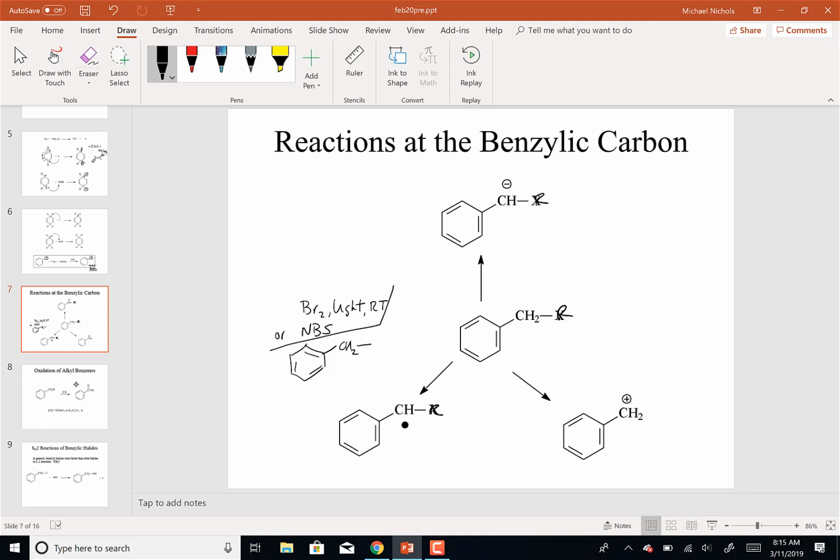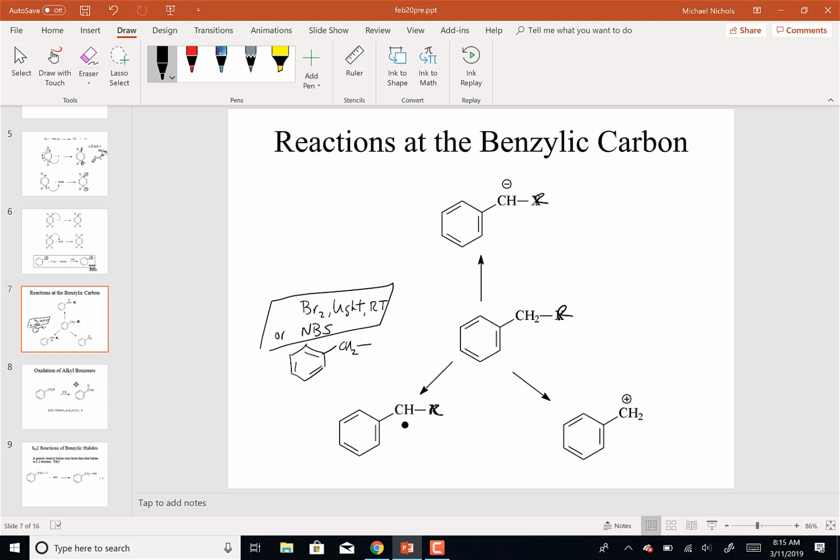I could use either of these sets of reagents to benzylically free radically halogenate. And the reason that I can do that, because remember, you can't use Br2 and light if you just have a normal double bond, because the Br2 will add to the double bond.